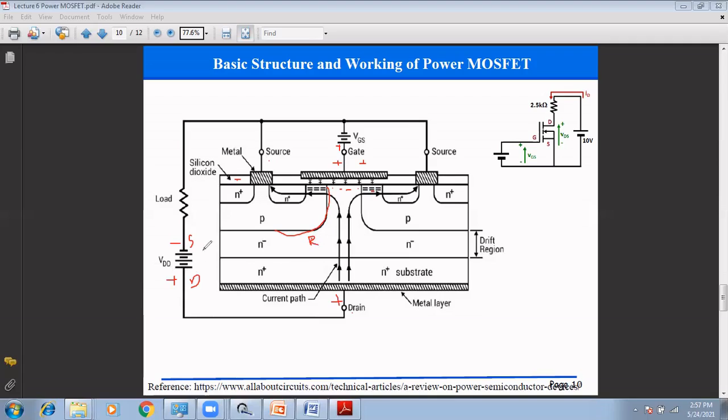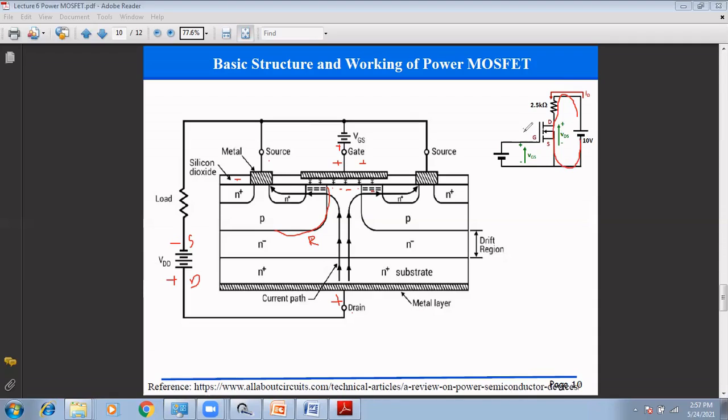And to improve the voltage handling capacity, we added the drift region. That is the purpose of this N minus drift region. Now how does it work, and how does the current flow? We want the current ID to flow from the drain to the source, so it is necessary to flow this current with the help of the gate voltage.